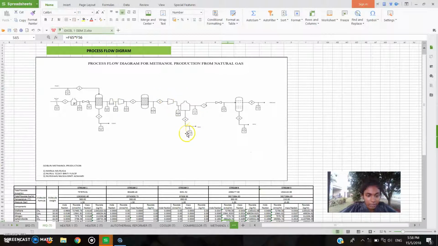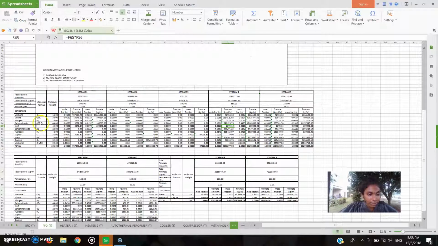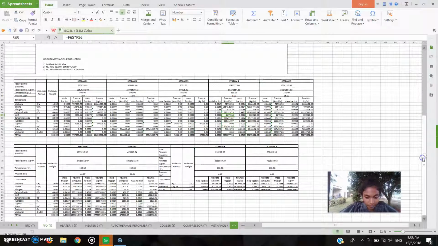And I have included the temperature and pressure for each stream. Together with that, we have material balance calculation, where we have counted it for last sem.